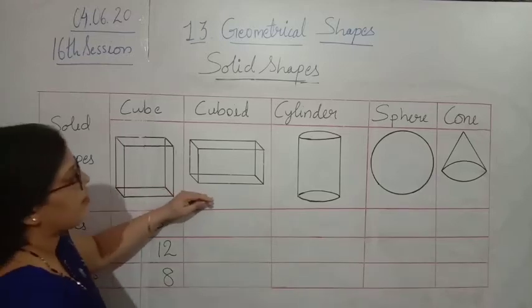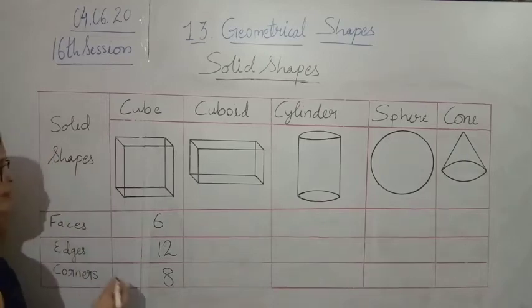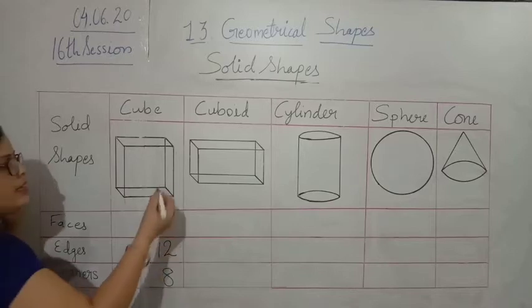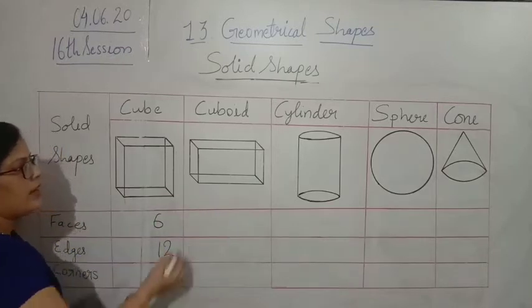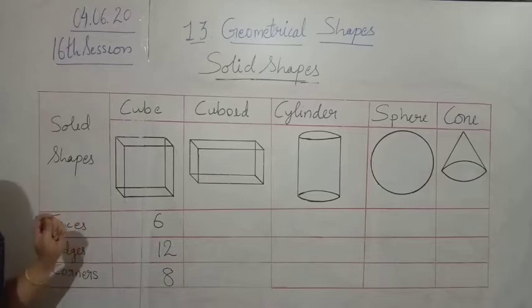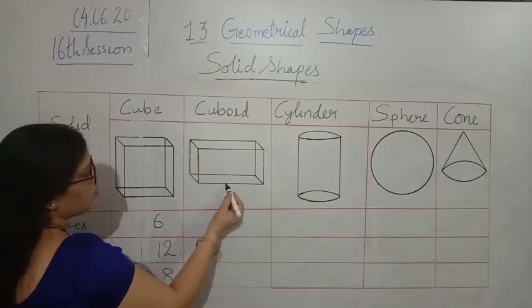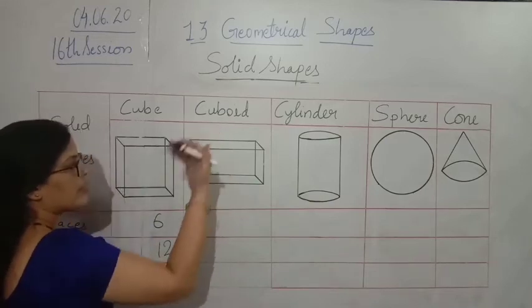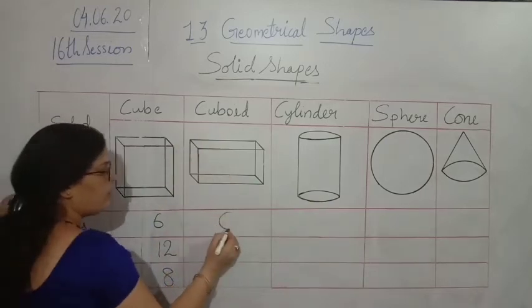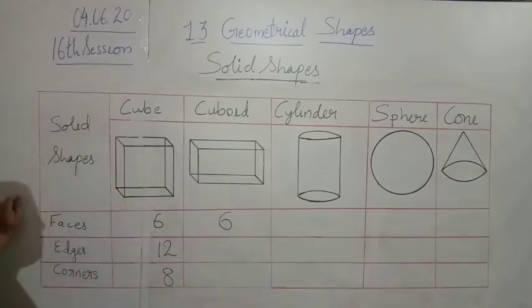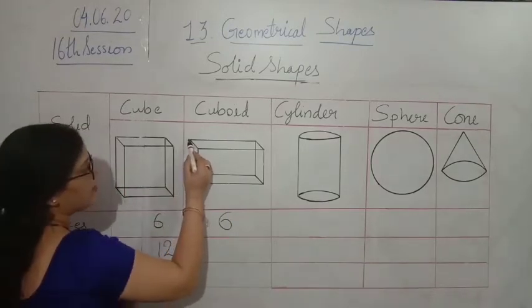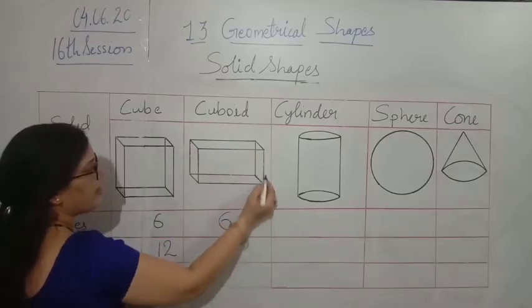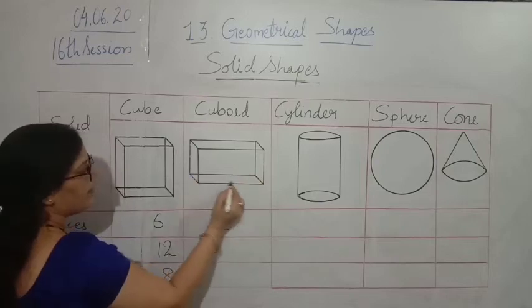Now cuboid. Again see here, in cuboid also we have already seen that it has 6 faces. 1, 2, 3, 4, 5 in front and 6 at the back. Now see these edges. How many edges are there? 1, 2, 3, 4, 5, 6, 7, 8, 9, 10, 11 and 12.